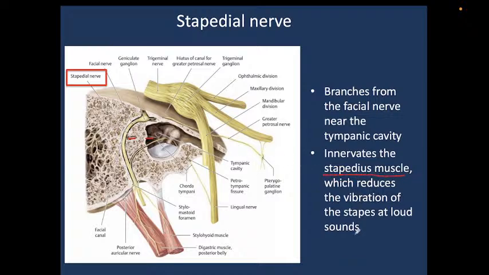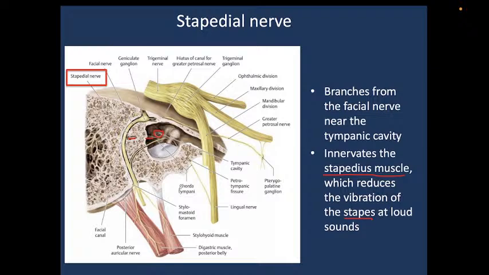It's connected to the stapes. The stapes is a small bone here in the tympanic cavity, and this nerve is responsible for innervation of this muscle.